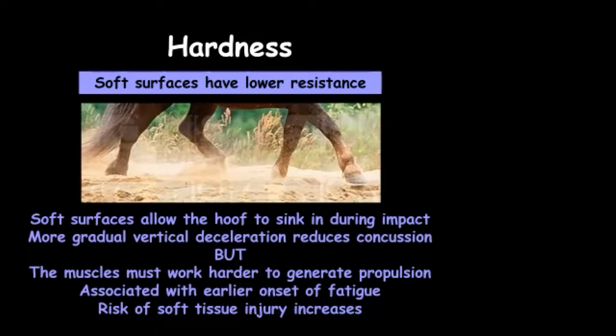But there's always some kind of a trade-off, and the problem with these soft, deep footings is that the muscles have to work a lot harder to generate propulsion, because the surface tends to give way as the hoof pushes against it to propel the horse forward. So there tends to be an earlier onset of fatigue with these soft surfaces, and also that brings a greater risk of injury to the soft tissues, such as ligaments and tendons.